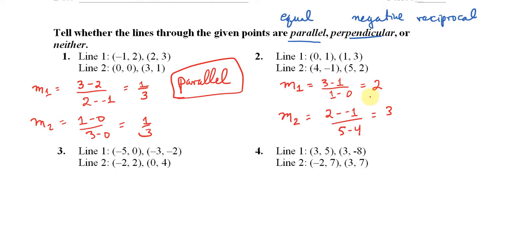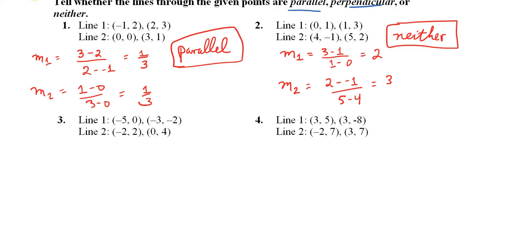The slopes are not equal, and they're also not opposite reciprocals, so this is a case of neither. These two lines intersect each other, they touch each other, but they do not do so at 90-degree angles.